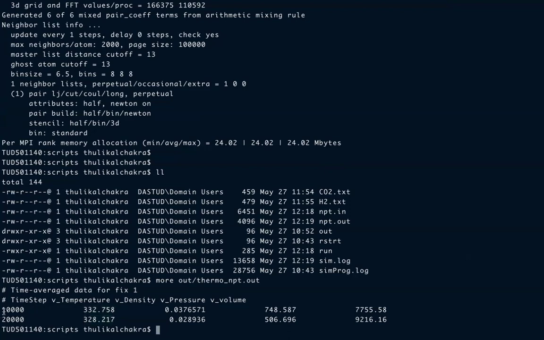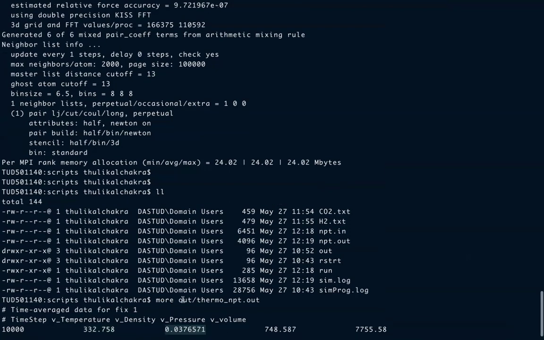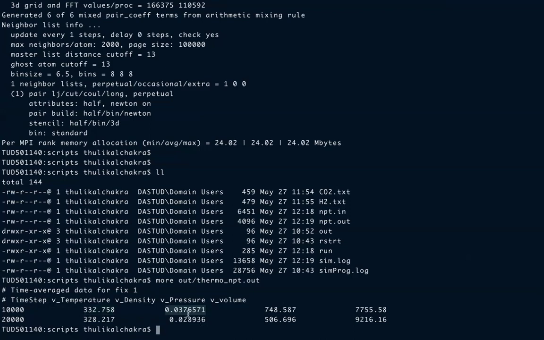This is the average temperature averaged over 10,000 steps and printed at the 10,000th step. This is the density, once again calculated from the masses and the box volume in the NPT ensemble. This is the average density that you get here, in grams per centimeter cube. To convert this into kilograms per meter cube, you multiply by 1,000, which gives you roughly 37.6 kilograms per meter cube.